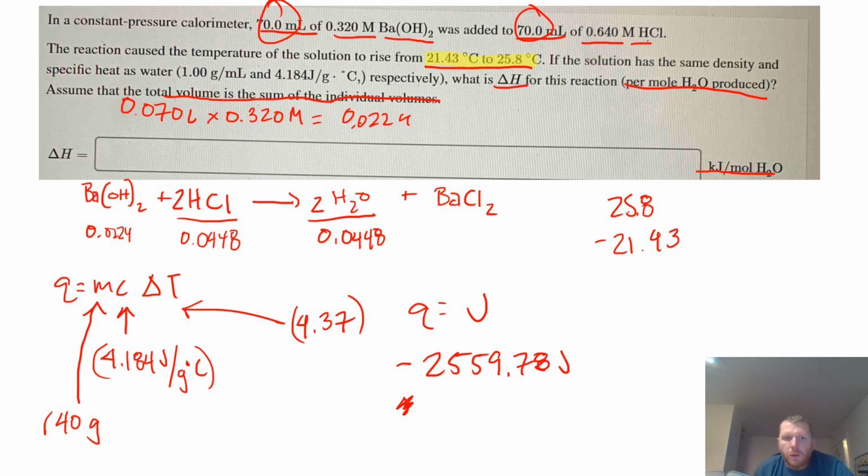So now all that we need to do is take this negative 2559, divide it by our total number of moles of H2O, which happens to be 0.0448 moles.